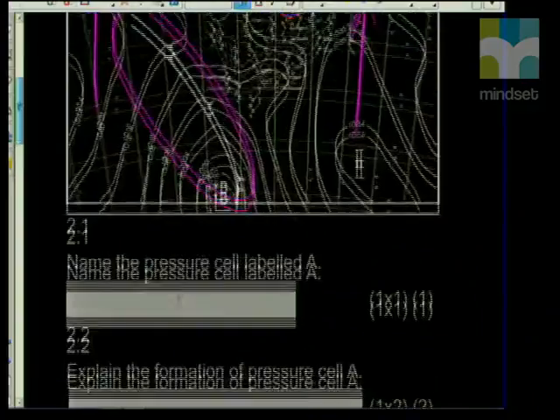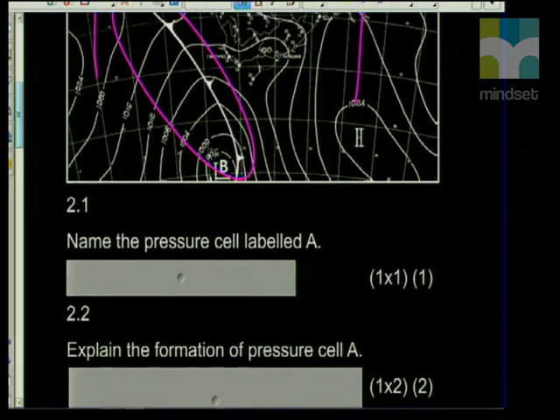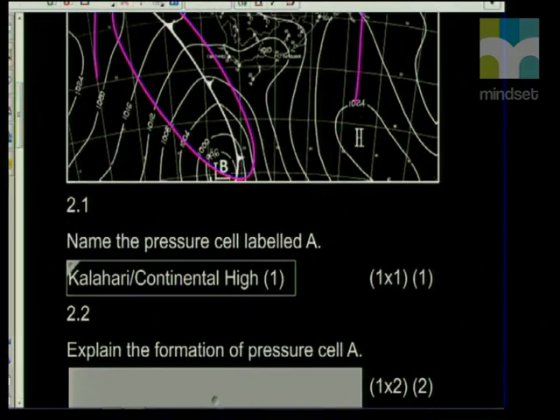If you're not sure whether they want the name of that high pressure cell or the words high pressure cell, learners write both: high pressure cell, stroke, the name. But the reference here is made to that specific name, Kalahari high pressure system. Kalahari or continental, the alternate name.